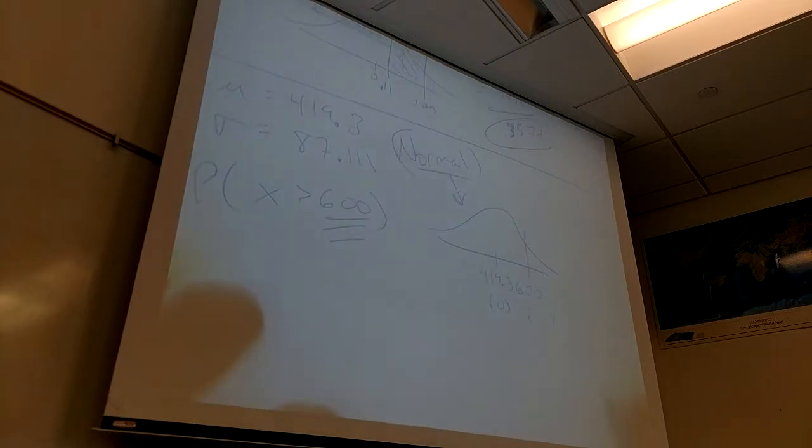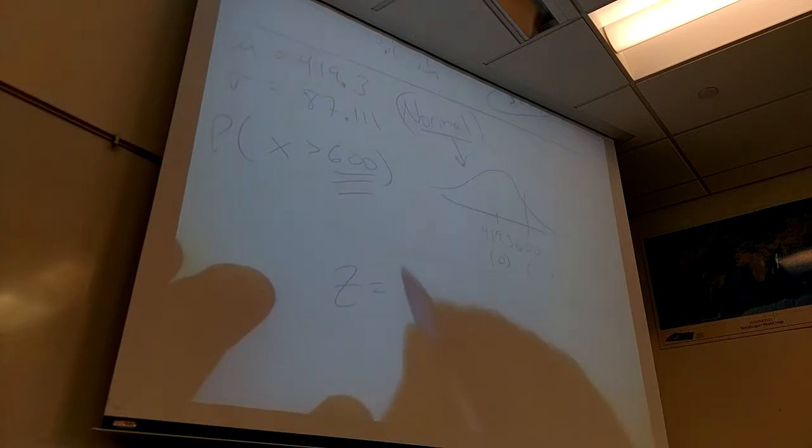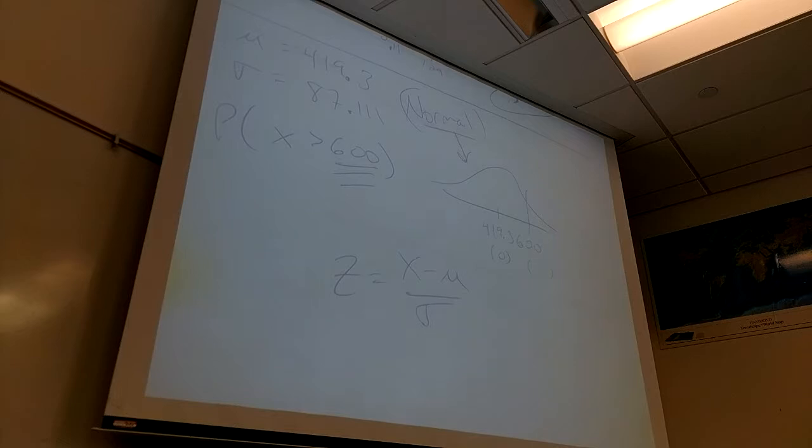And what's that z-score formula again? Yeah, x minus the mean divided by the standard deviation. I like it. How many standard deviations fit into that distance between the data point and the mean? So what's the x? What point are we interested in?